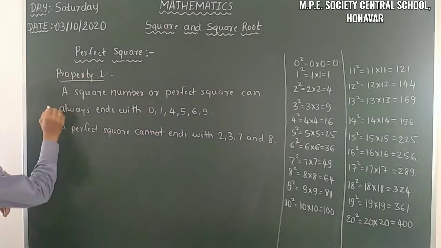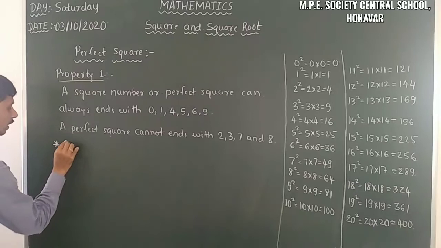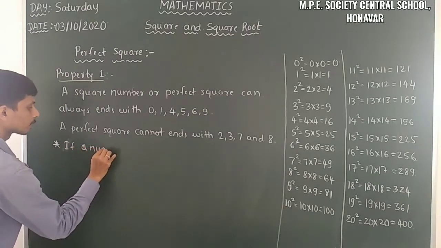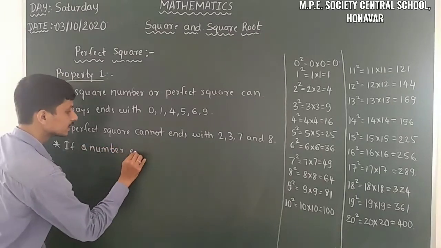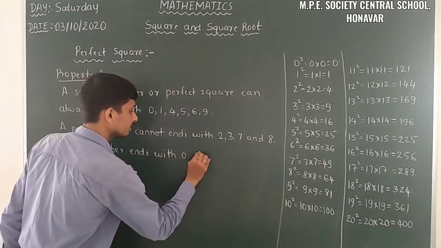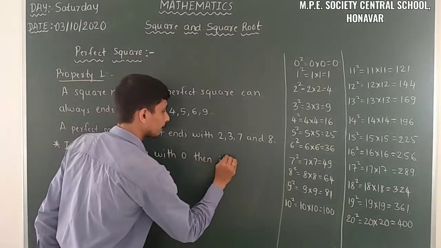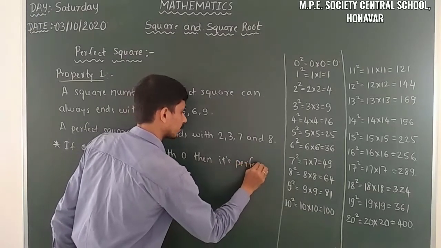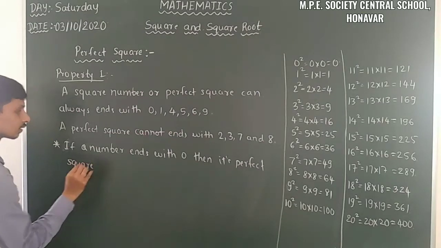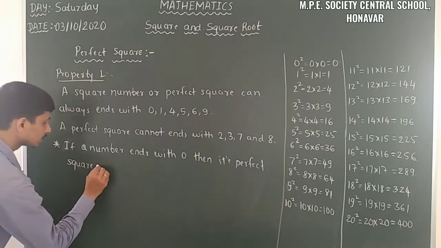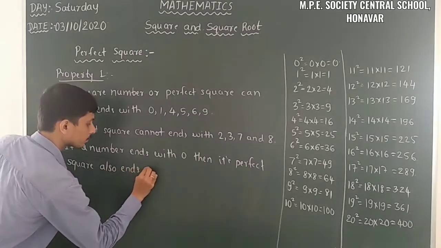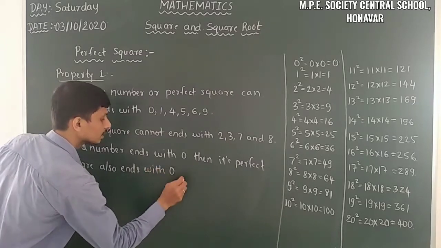So I will take this as: if a number ends with 0, then its perfect square also ends with 0 only.